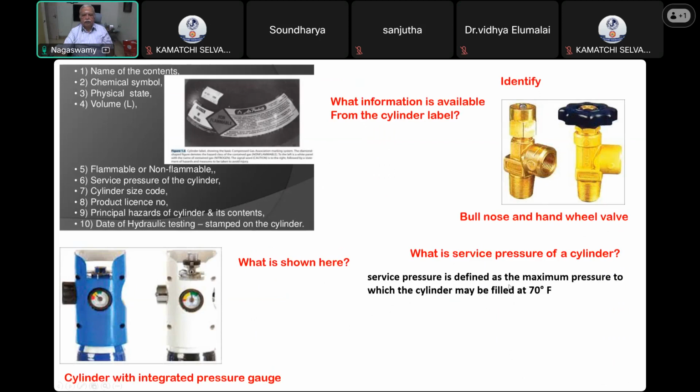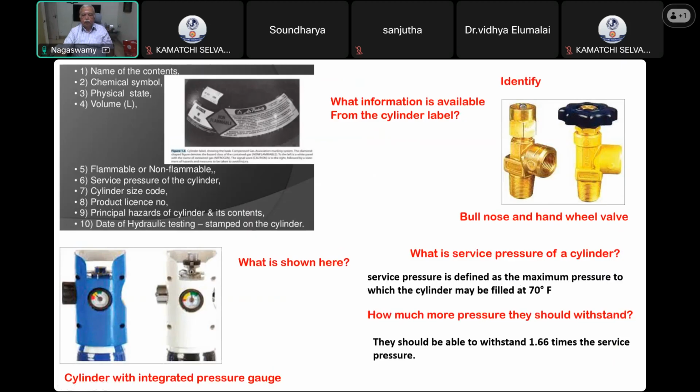So if you say the pressure of a full oxygen cylinder is 1900 to 2000 psi, that is the service pressure, the maximum pressure you can fill it to at 70 degrees. And how much pressure should they withstand? They should be able to withstand 1.66 times the service pressure.